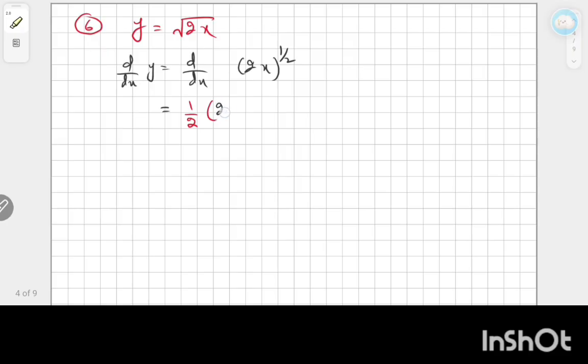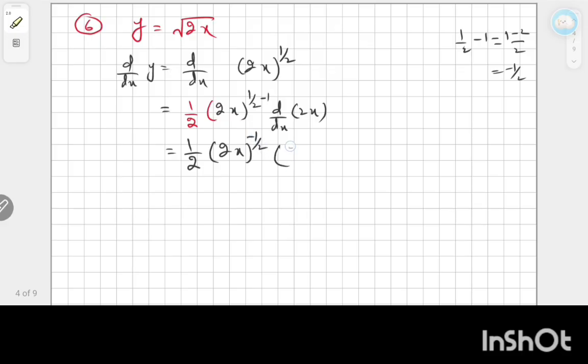Now the actual concept is that the power will move to the start, it will be 1 by 2, then (2x) to the power 1 by 2 minus 1, because the concept is that the power goes to the start. After the power goes to the start, there is one subtraction in the power, then we take the derivative without the power term, 2x. Now 1 by 2 minus 1 gives minus 1 by 2, and the derivative of 2x is 2.